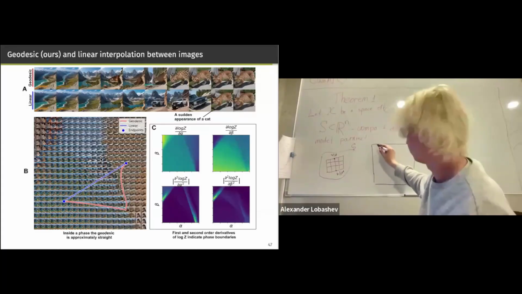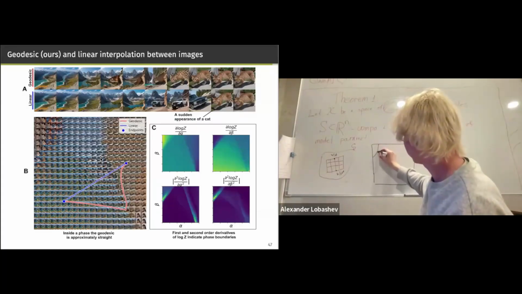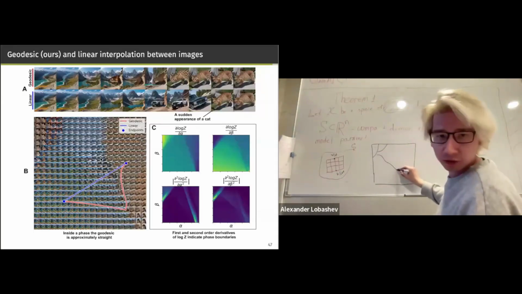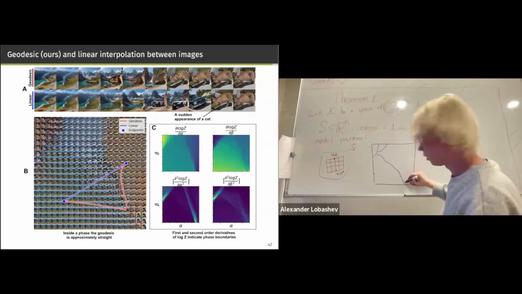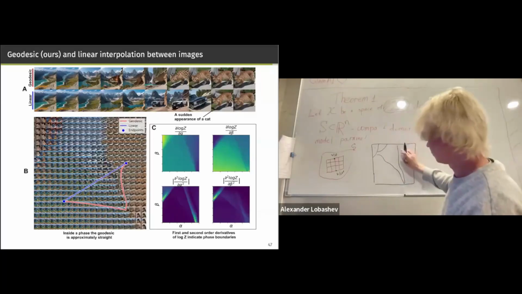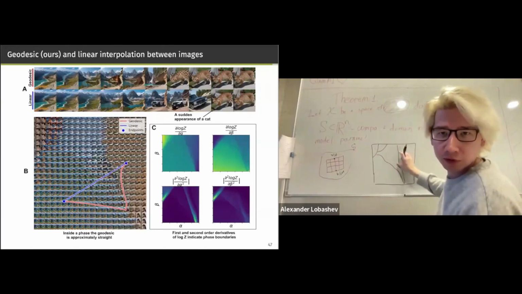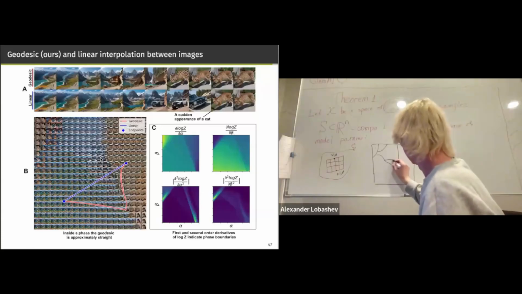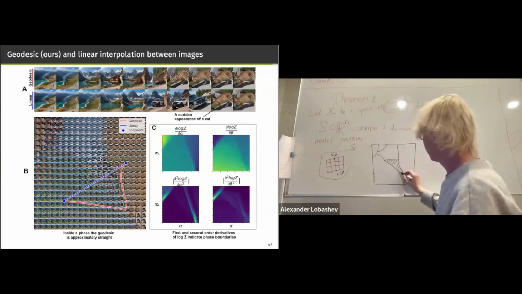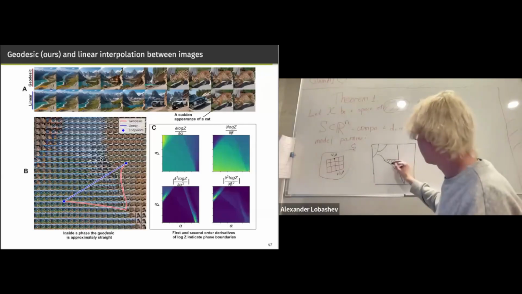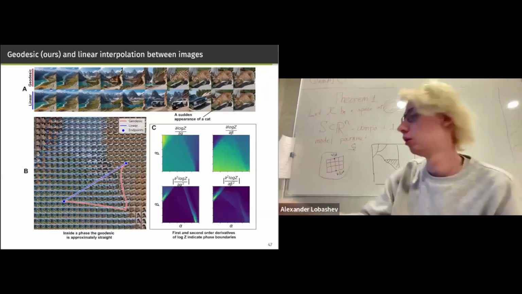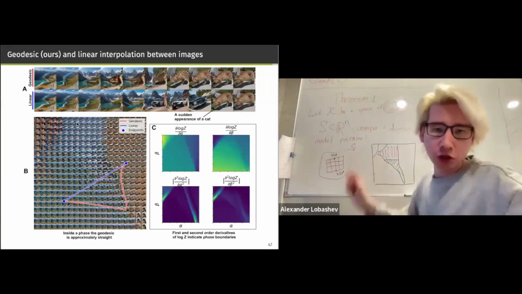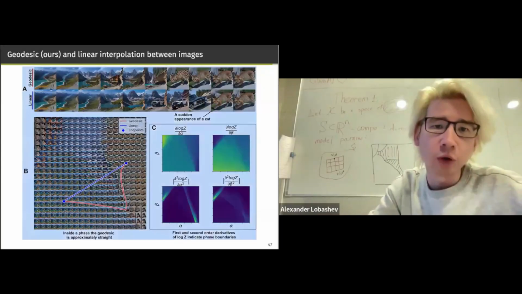Here, for example, in this region we have a cat, and in this big region we have some coastal view. Also, this whole region represents something in the middle between cat and tiger, in this region we have some picture of a car, and this red region represents pictures of a snowy mountain.